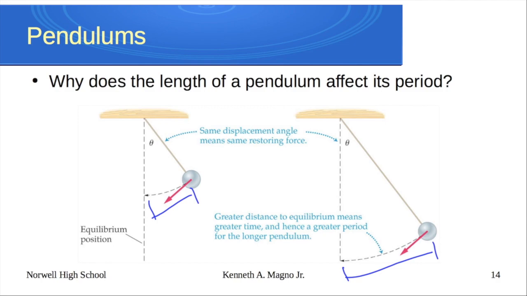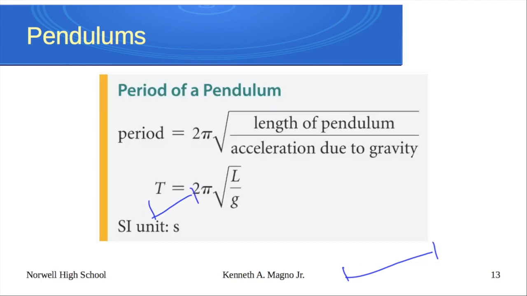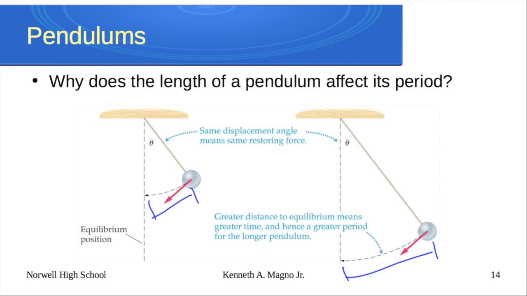So again, that's why it ends up being the square root of L over g, because you end up with a longer path that you have to cover with that restorative force. So same force, same acceleration over a longer path means it's going to take more time to cover that path. That's why the length affects it. Okay? But the mass doesn't affect it.